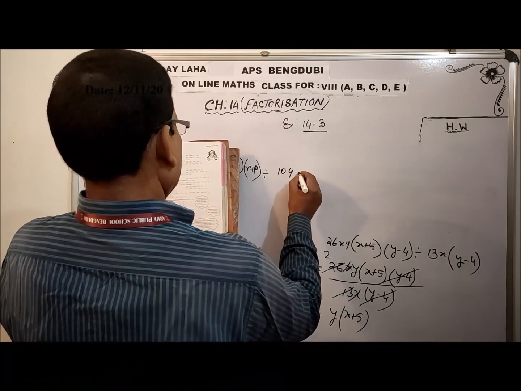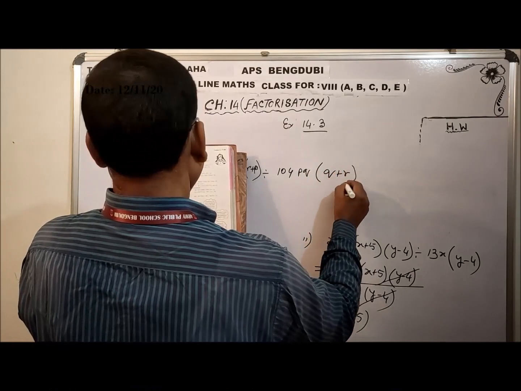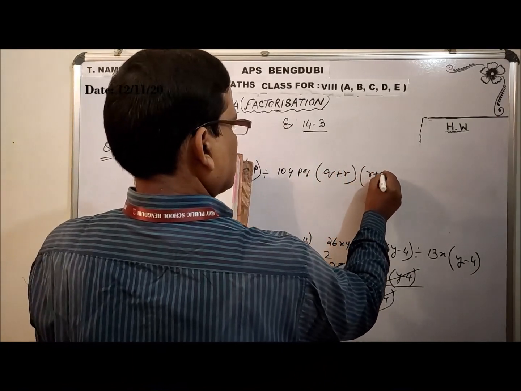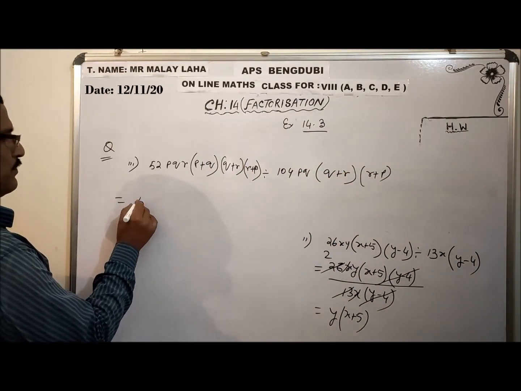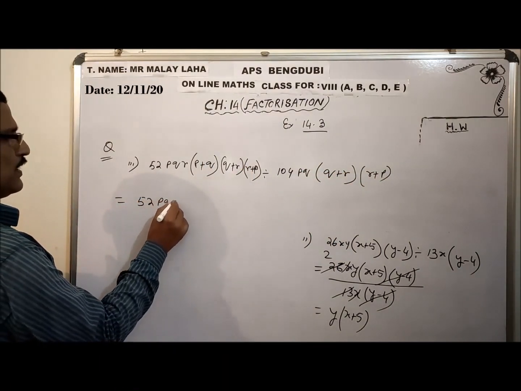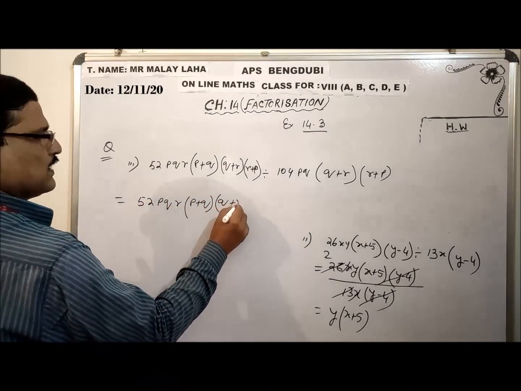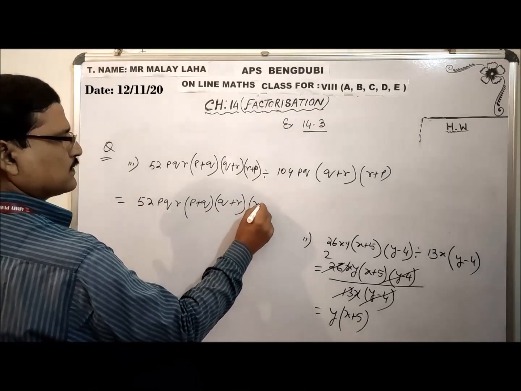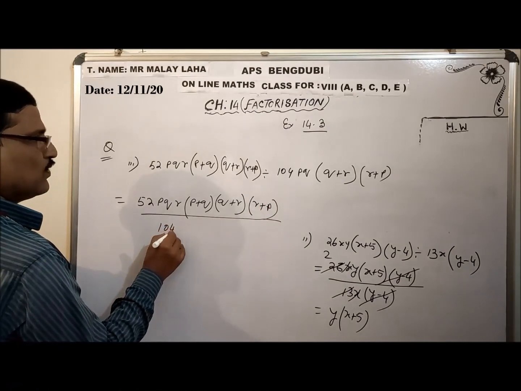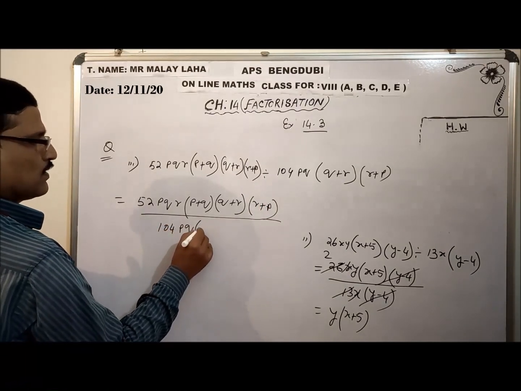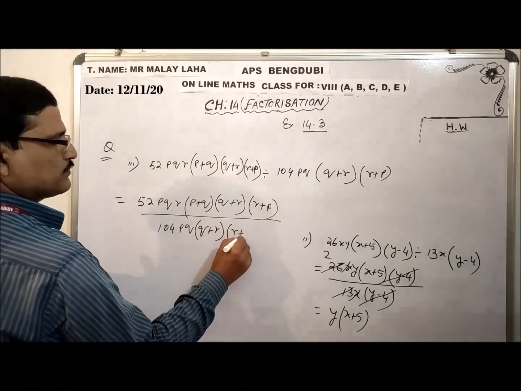104pq into (q plus r) into (r plus p). Write it properly in division form: 52pqr (p plus q) (q plus r) (r plus p) divided by 104pq (q plus r) (r plus p).